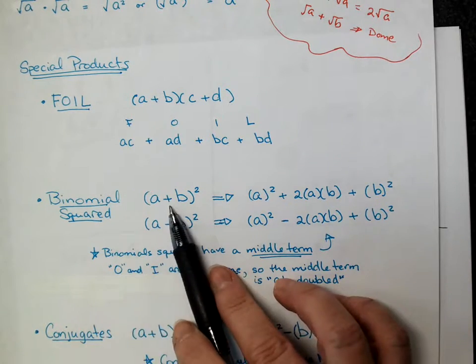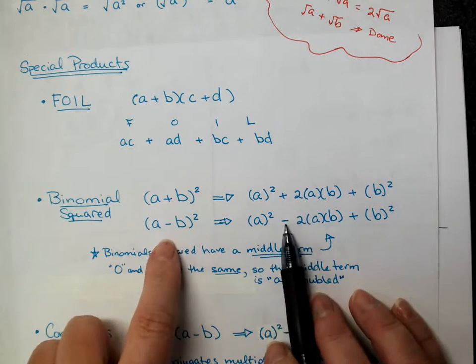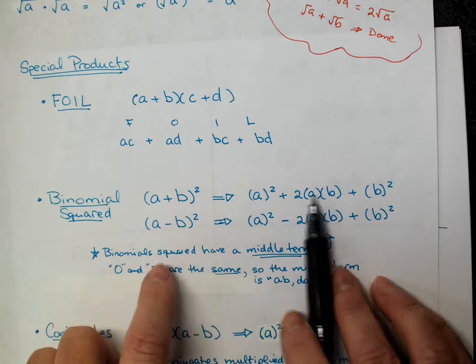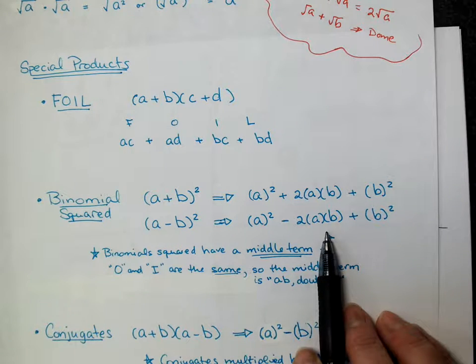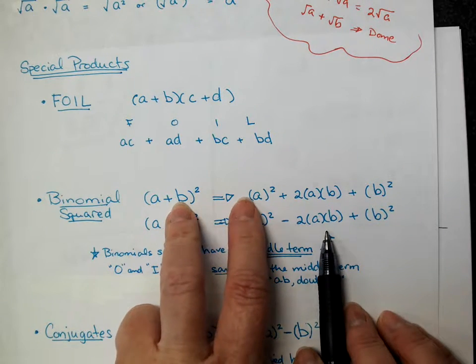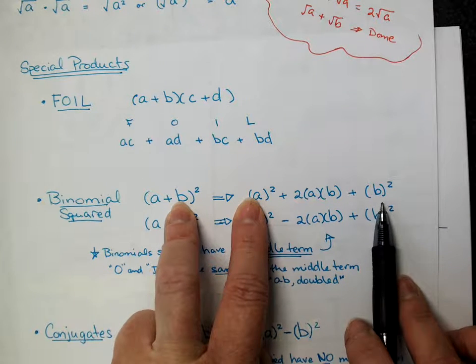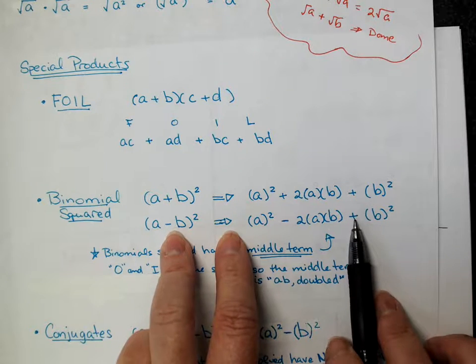Now, if your middle term is positive or negative, then that's going to make the middle term either positive doubled or negative doubled. Because you either have ab plus ab, ab doubled, or you have negative ab plus negative ab, negative ab doubled. But for the last term, L, b times b, 2 pluses make a plus, and 2 negatives make a plus.